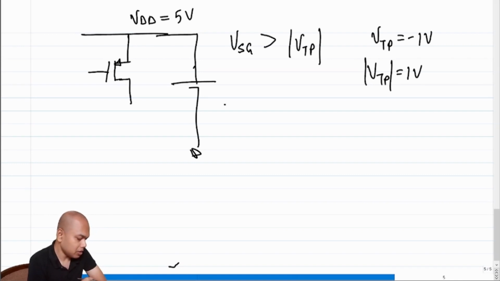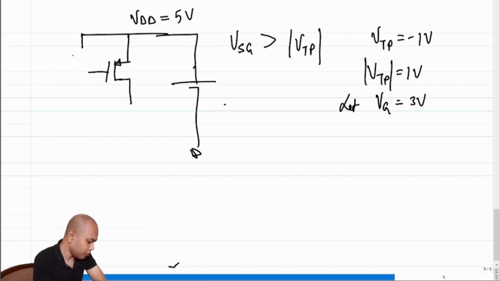So which means we need to apply a gate voltage which is less than 5 volts to make the transistor on. So let's choose a gate voltage, let VG be 3 volts, which means we need to put a battery of 2 volts between the source and the gate of the device, right?